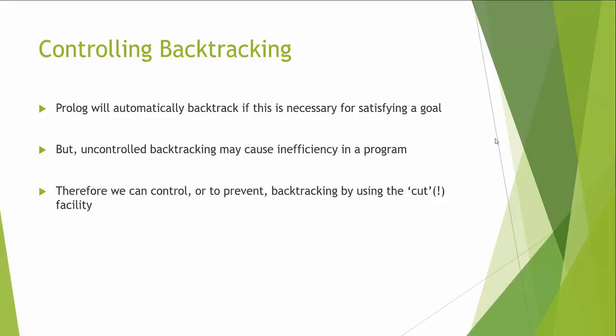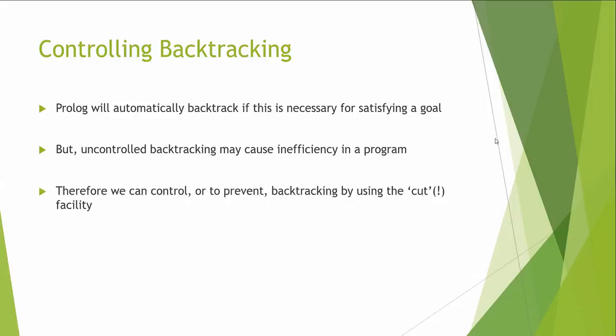Although for very small programs you can't identify it, there are some situations where, by looking at the program, you can see that there is no need to check the other alternatives, right? So for those situations we have a way to control that backtracking. We can prevent Prolog from backtracking, right?